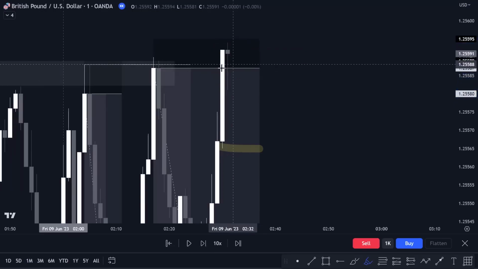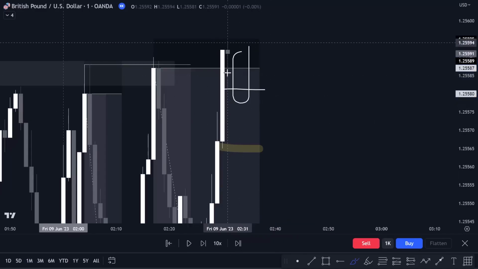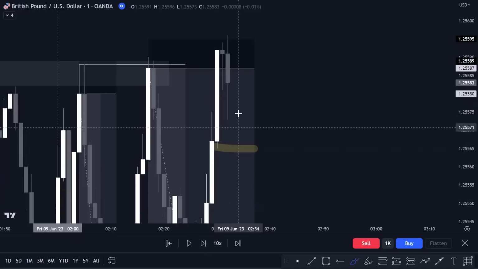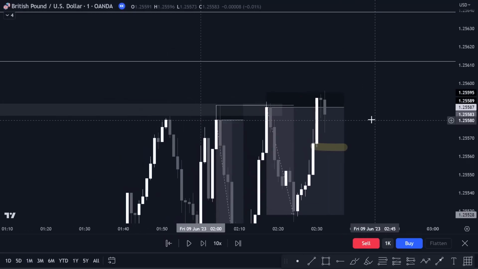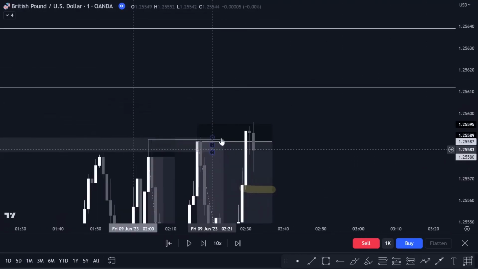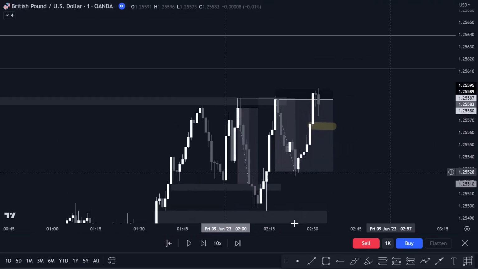So I don't think this is a good opportunity unless there is a strong candle that closes below this candle, then I would enter from here. This candle is very weak. So this candle doesn't close below this candle, so I would not enter from this one. Maybe I'll wait for this level of liquidity here. So let's see.